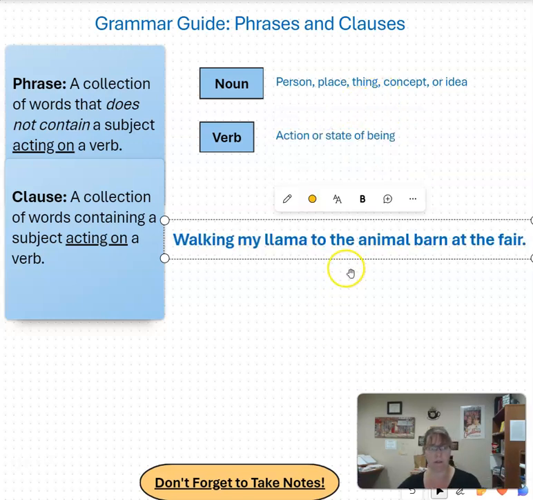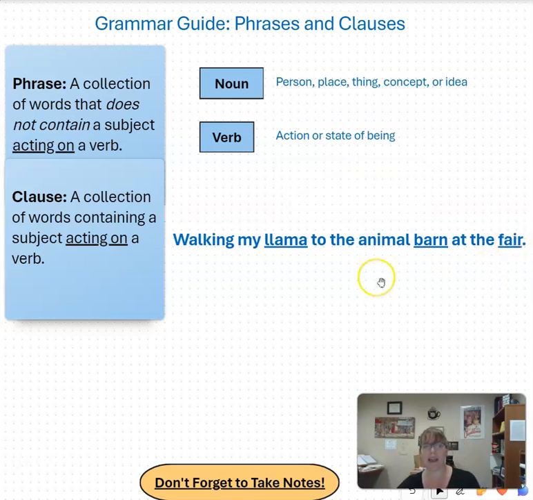Okay. So our llama right here, this is a noun. And we've got the animal barn right here. This is a noun. And we have fair right here, right? It's a place. And the fair is also a noun because it's also a place.